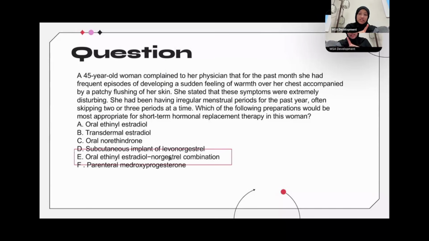There is one case, just remember this. I should have written it down, but remember this. There is one case where we only use estrogen. That's in patients who had a hysterectomy. Hysterectomy is removal of the whole uterus. If you remove that, there is no increased risk of endometrial hyperplasia, right?